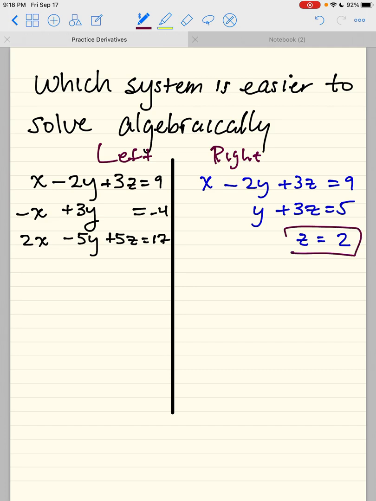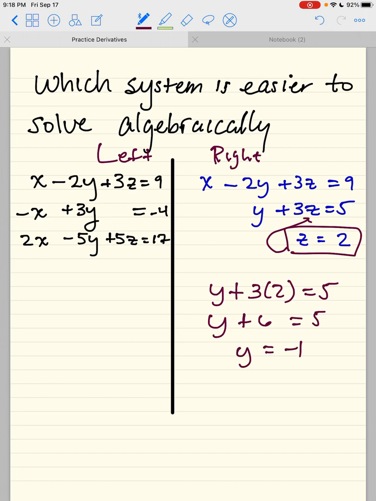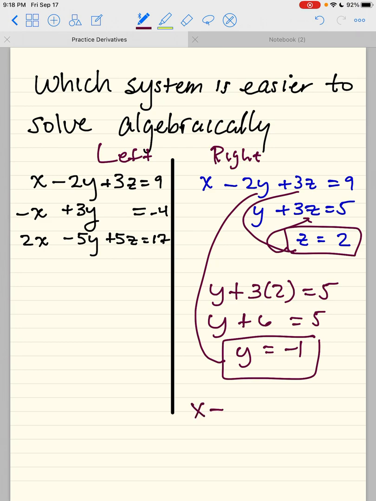What we would do is take 2, plug it back into here, you would get y to be -1, take that and the z of 2 and plug it back into here. This is called back substitution. So when you do that, what you would end up getting is x to be 1, y to be -1, and z to be 2.